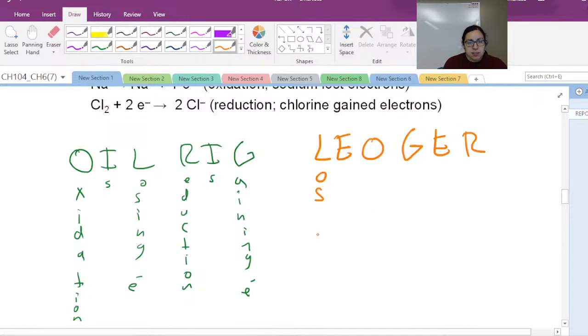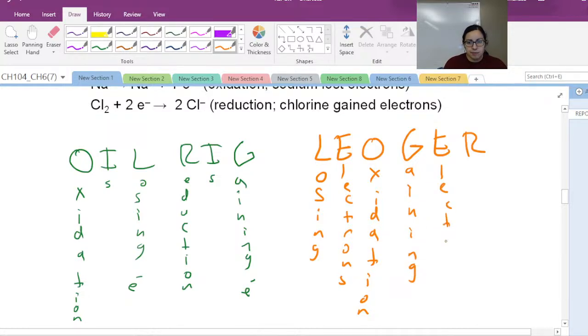That stands for losing electrons is oxidation, and gaining electrons is reduction. So that will at least help you remember which one's oxidizing and which one's reduction.